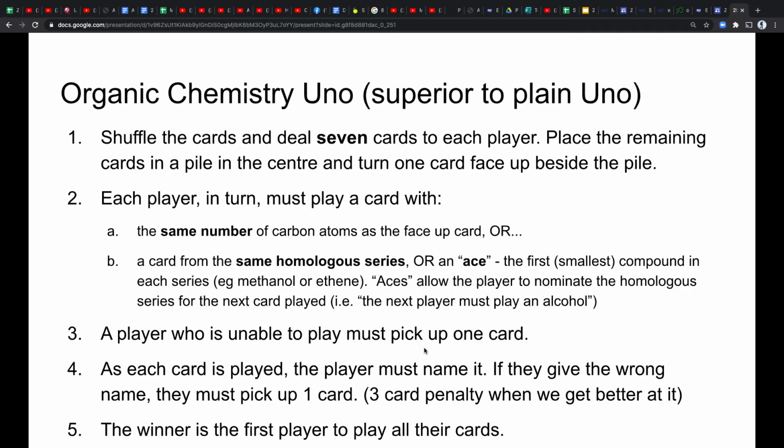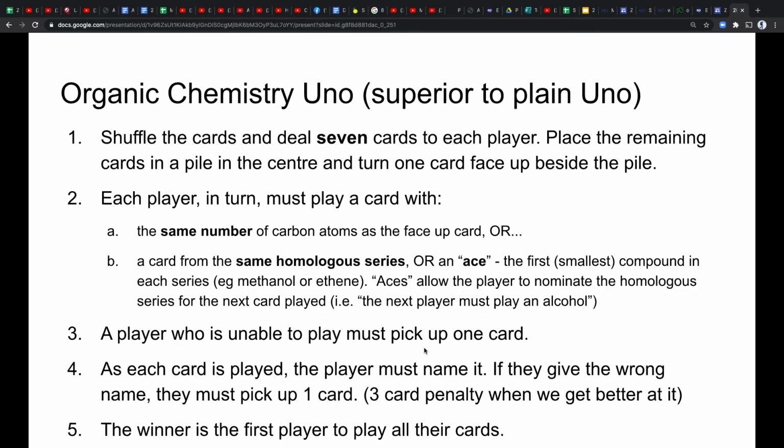Now each player, clockwise, will take a turn playing a card from their hand of 7 on top of that up-facing card. Now that card you can play has to be one that is the same type as the card face up. So if it's an alcohol that's face up, you can play an alcohol from your hand. Or if the card in the middle has 2 carbons in its structure, you can play a card from your hand that has 2 carbons in it as well.